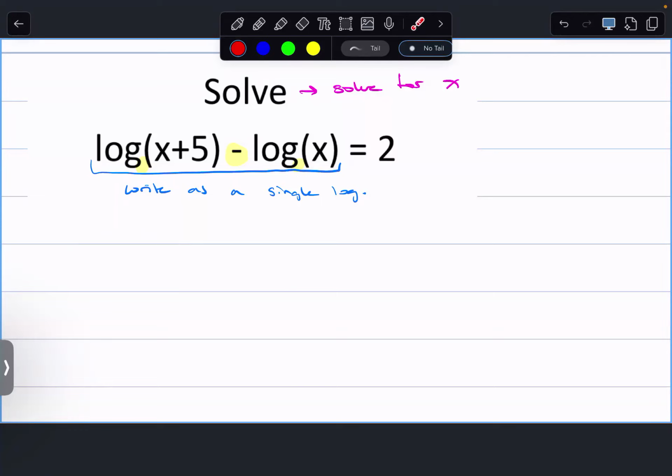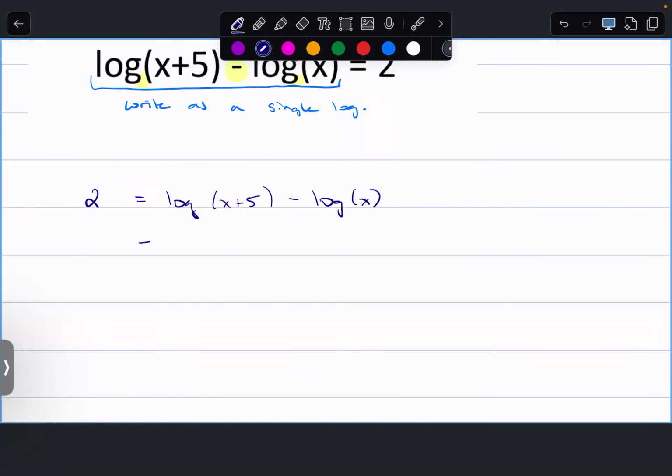All right, so I'm going to rewrite this as 2 is the log of x plus 5 minus the log of x. If I rewrite this, I get 2 is the log of x plus 5 divided by x. Or what could you have done?